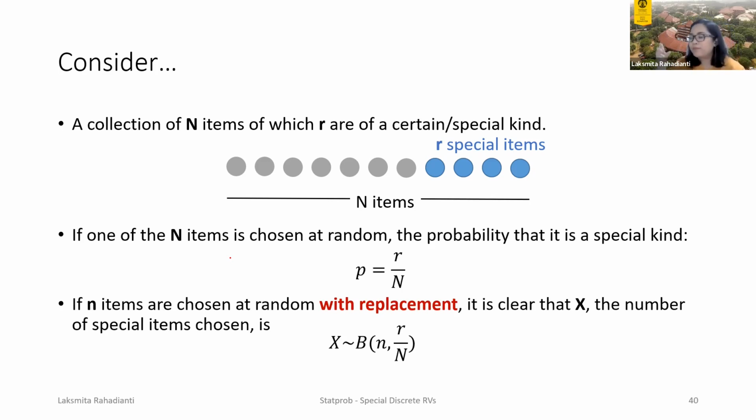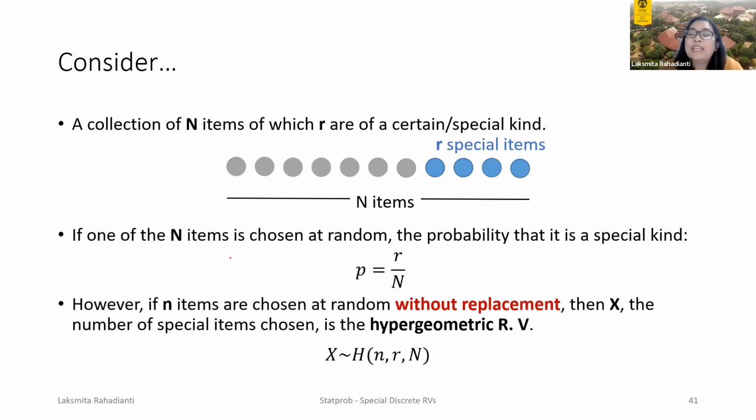So if I choose one and it's special or not, and I put it back, I keep working with the same number of items at every experiment. Then I can also say that this random variable follows the binomial distribution with n trials, so n times taking the perfume or taking the object, with every single time taking an object following the R over N probability.